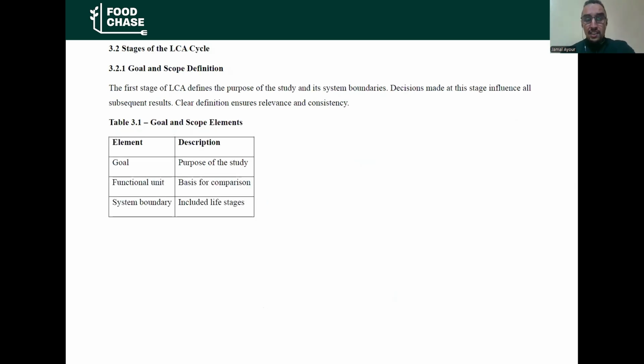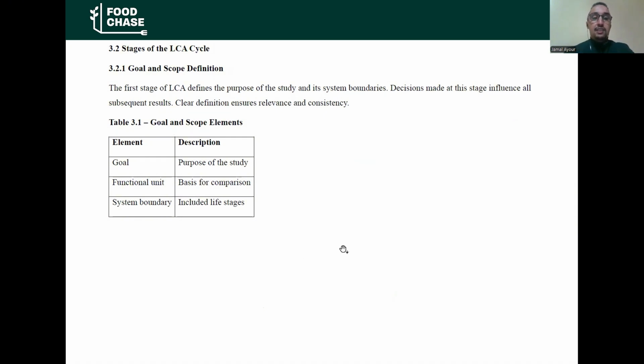About the stages of the LCA cycle, it depends on each industry, each processing industry, and each step of the process. The first stage of LCA defines the purpose, the objective of the study, and its system boundaries. Decisions made at this stage influence all subsequent results; a clear definition ensures relevance and consistency.